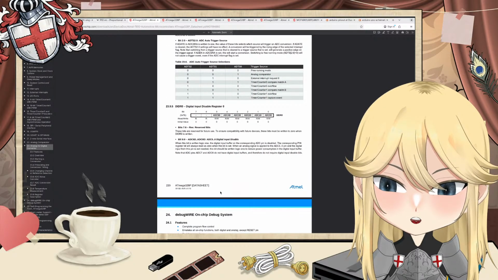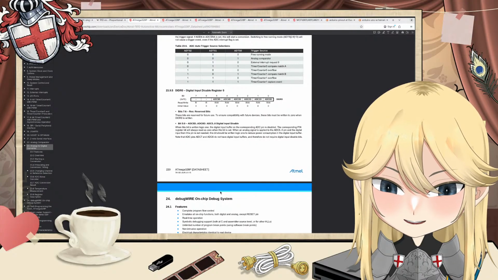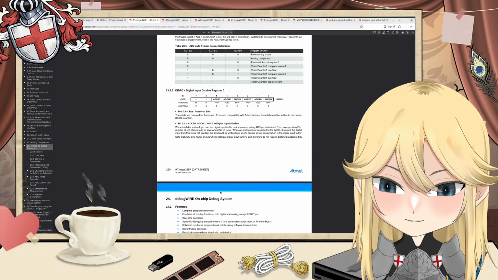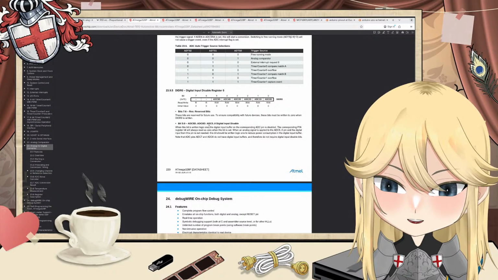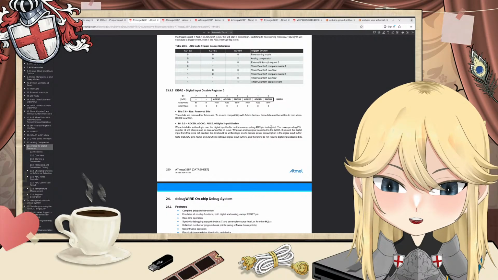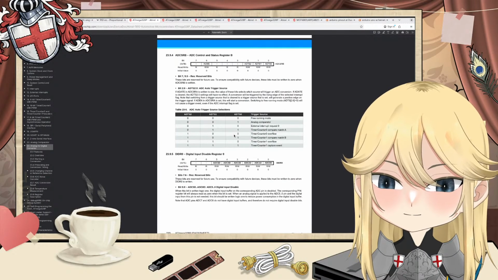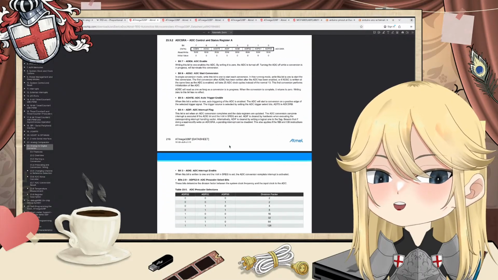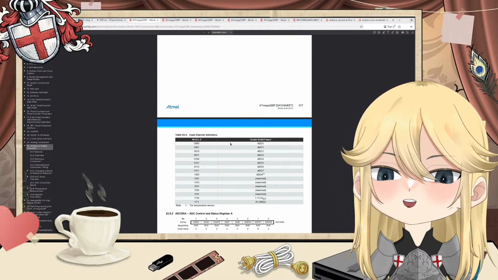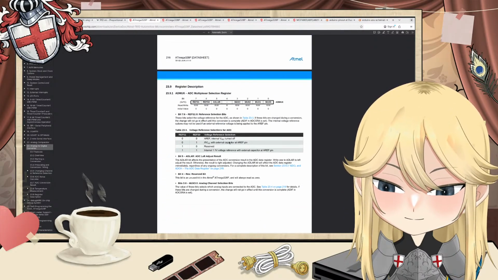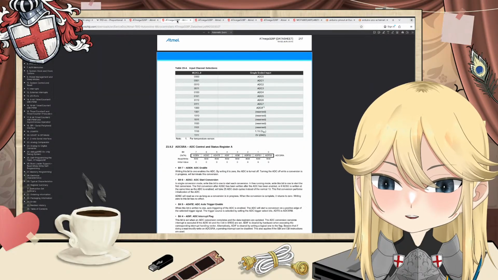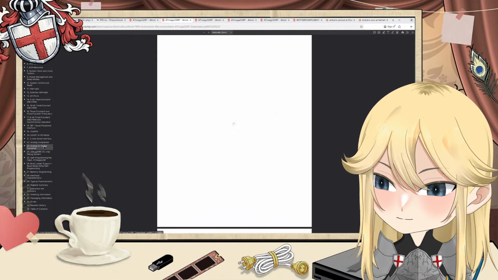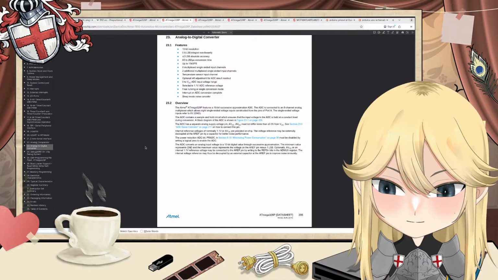Digital input disable register. The digital input buffer for the corresponding ADC pin is disabled. Let's see, what is ACME 0? ACME.